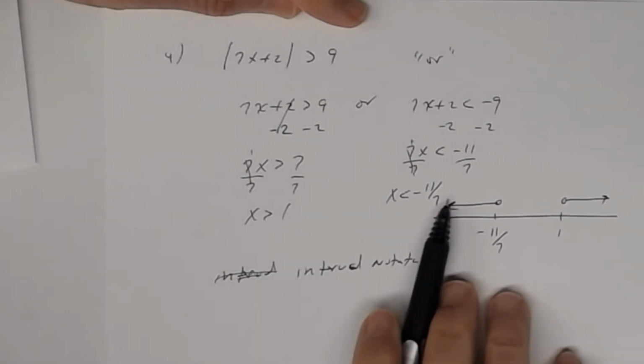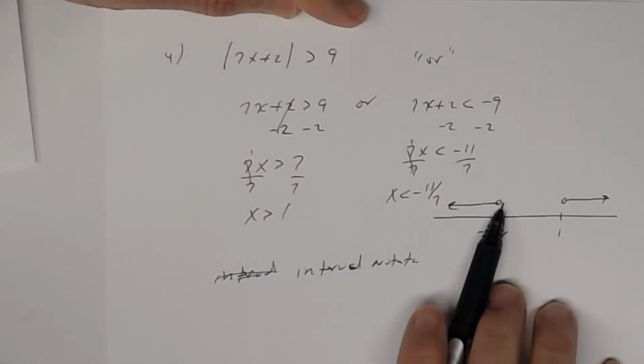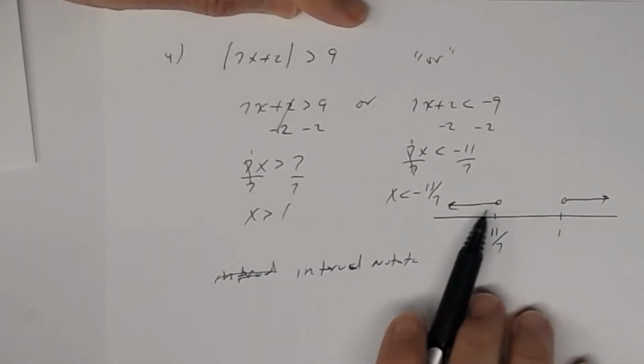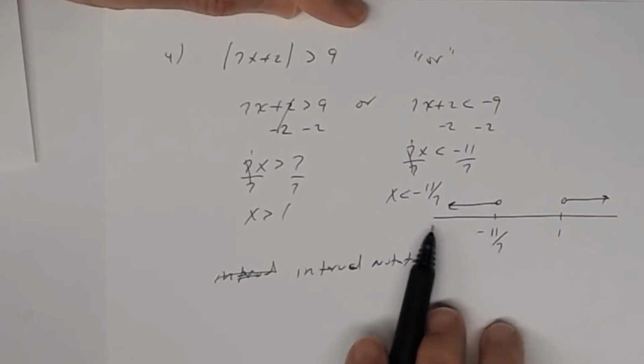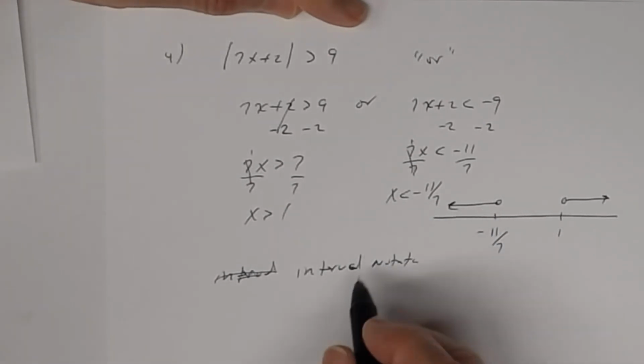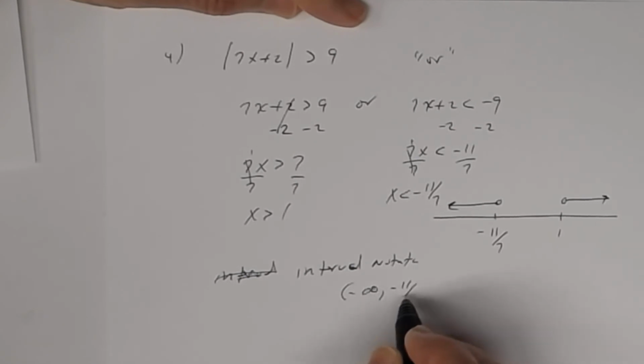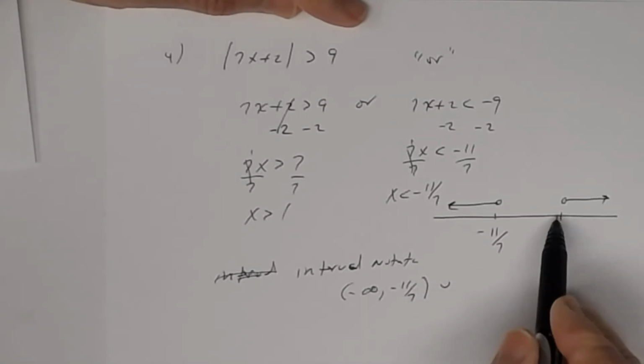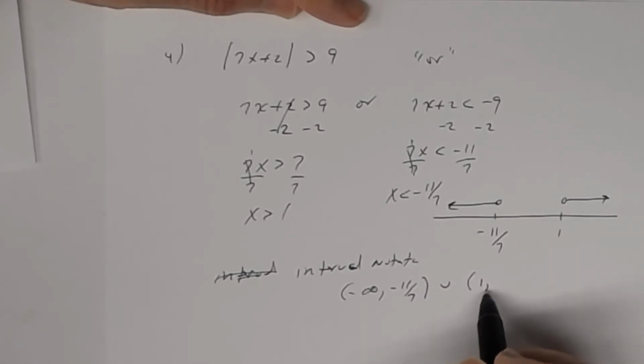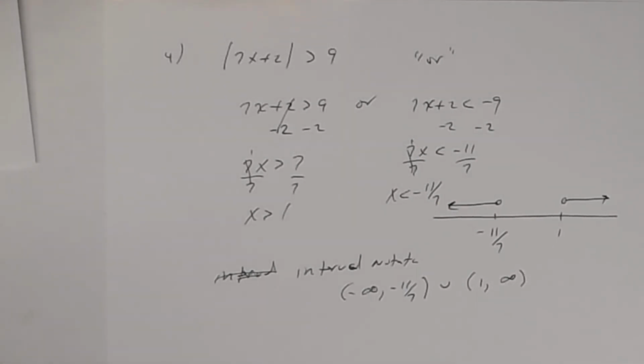So from left to right, I go from -infinity. Remember, this is open circle, right? Because there's no equal sign. So I go from -infinity to -11 sevenths with parentheses, union, and then parentheses 1 to infinity. Okay? All right.